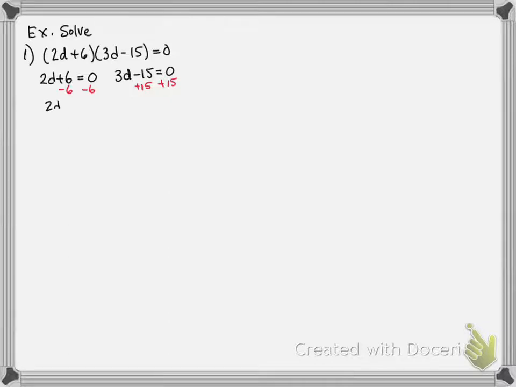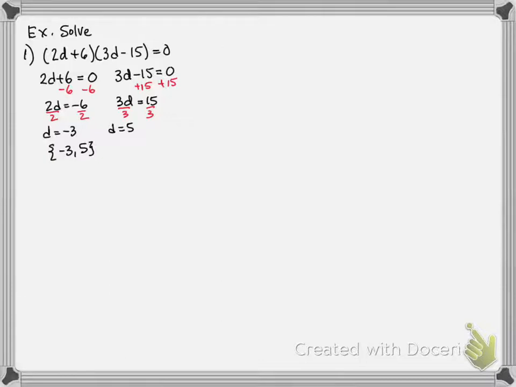That's going to give me 2d equals negative 6, and 3d equals positive 15. First one, I'm going to divide both sides by 2. Second one, divide both sides by 3. That's going to give me d equals negative 3, and d equals 5. So we're going to use solution set notation. And again, it doesn't matter the order that I write things.